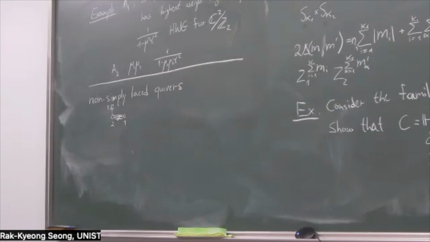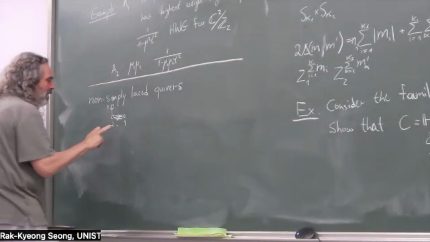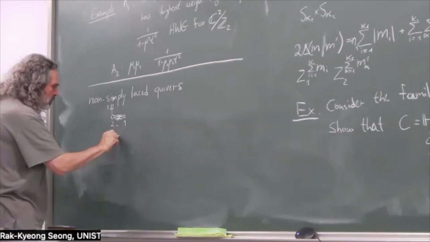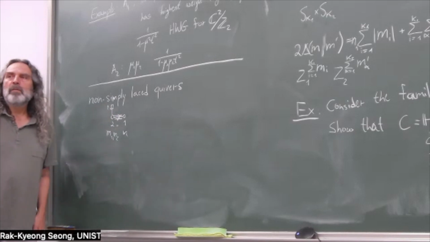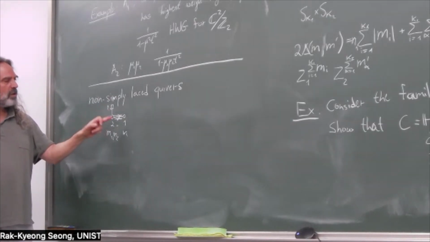And what we note here is that this edge here will have magnetic charges M1 and M2, and magnetic charge, let's call it just M, on this one. Again, there are two edges, this edge and this edge.